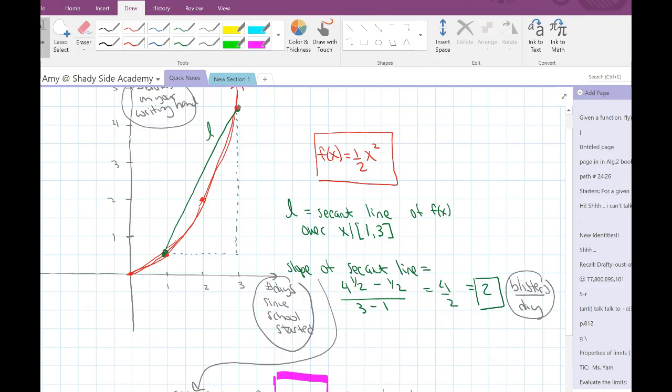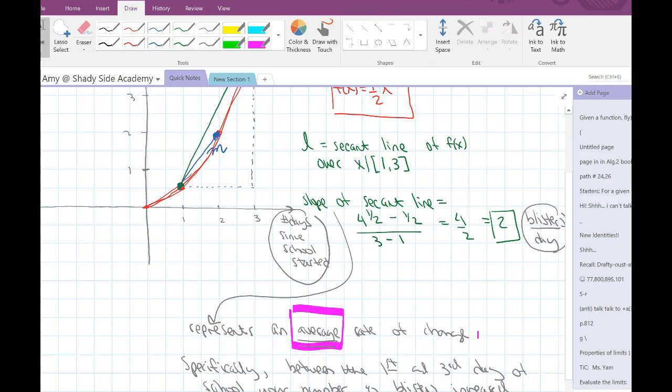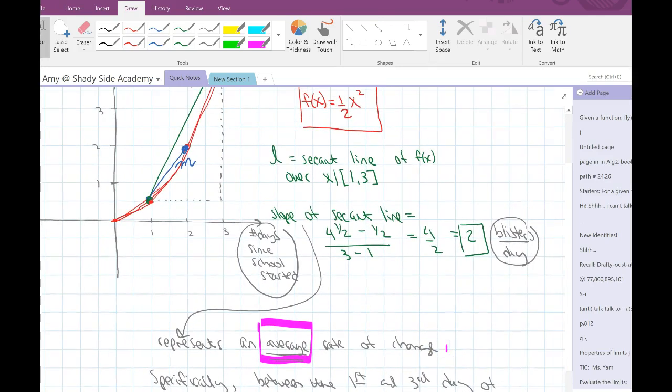All right, I'm going to draw another secant line here. I'll call this secant line M. Go ahead and find the slope of secant line M, and then write the significance of that slope in the context of blisters and days.